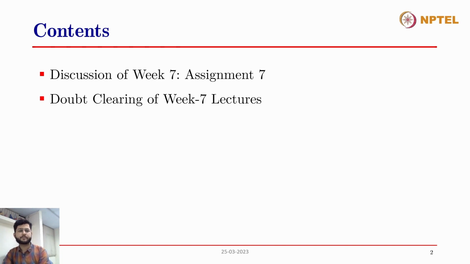In today's session, we'll be discussing the week 7 assignment 7 problems. There are around 8 problems, and this week's lectures were more or less related to the various repair strategies and various corrosion protection systems that we can use to protect our steel reinforcement in concrete structures, or to reduce the probability of corrosion in them.